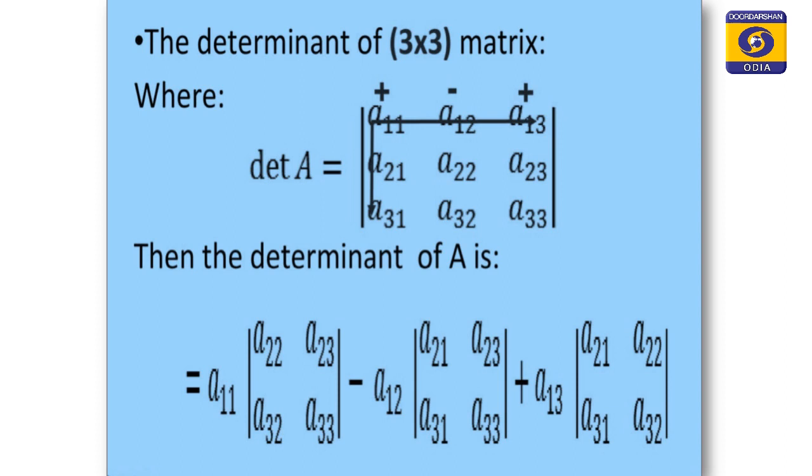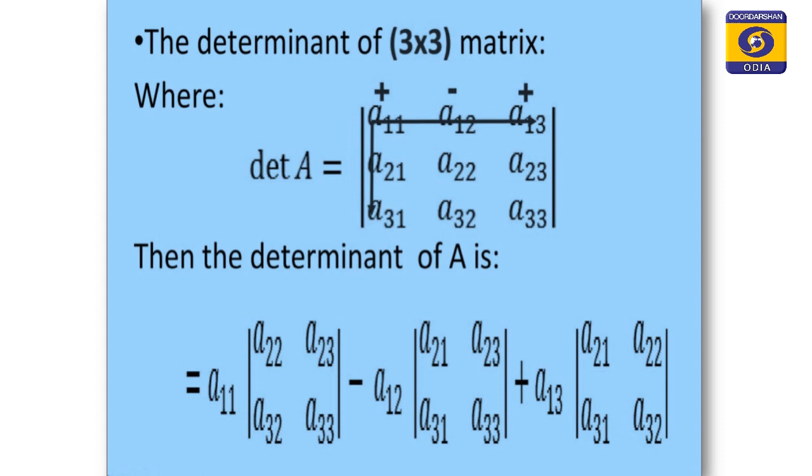So, plus A11, and we take the determinant of that element. Now, how do we find the determinant of that element? We see A11 lies in a particular row and column. So, we delete that row and that column in which the element lies, and the resultant elements form the determinant of that element that we take into consideration.